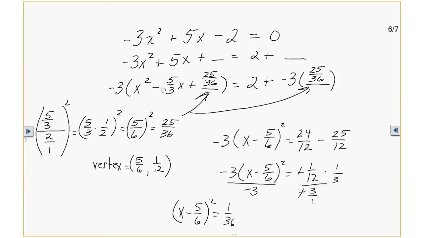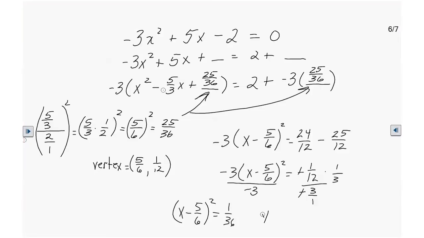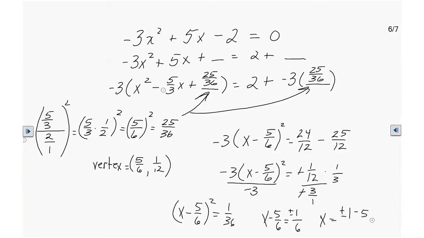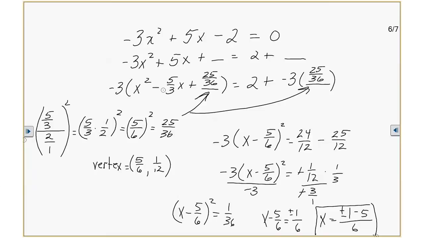Take the square root of both sides, you get x minus 5/6 is equal to plus or minus 1/6. And then x is equal to plus or minus 1 over 6, plus 5 over 6. And we'll finish that right over here.